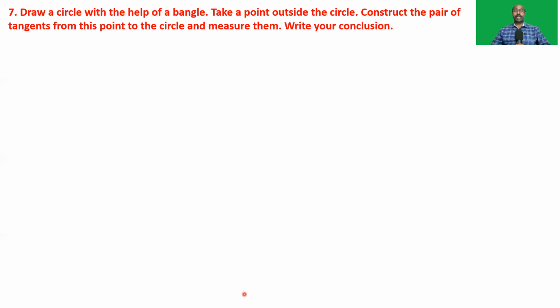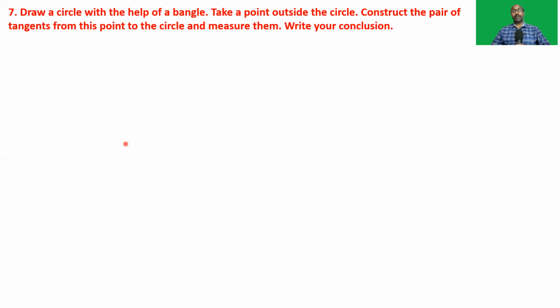Here, the center of the circle is not given. So we just have to draw a circle with the help of a bangle. And after that, by taking a point outside the circle, we have to construct a pair of tangents from the external point. But how to construct the tangents without knowing the center of the circle?